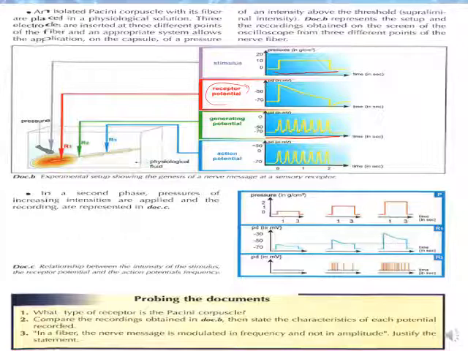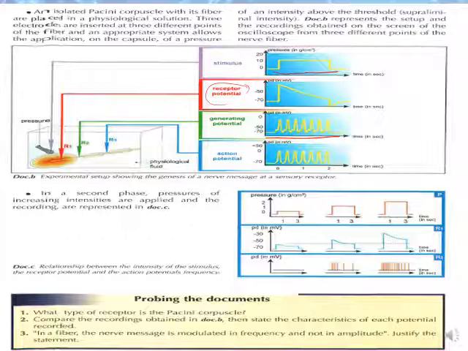So no action potential. This indicates that the pressure 0.5 gram per centimeter square is ineffective, since it doesn't cause the elaboration of the action potential in the nerve fiber. After that, we increase the pressure to 1.5 gram per centimeter square.